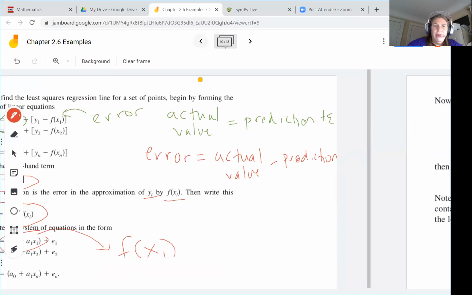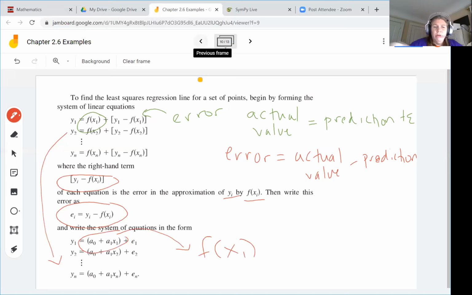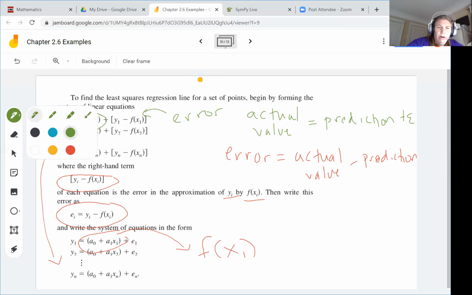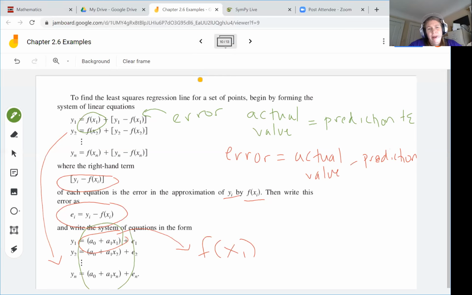All right, so now we're going to think about defining these values as matrices. So if you head back here, each y value can be put into a column matrix. And then think about what the coefficient matrix would look like for all of our a0 plus a1 x1 values. The coefficients here are going to be a0 and a1.